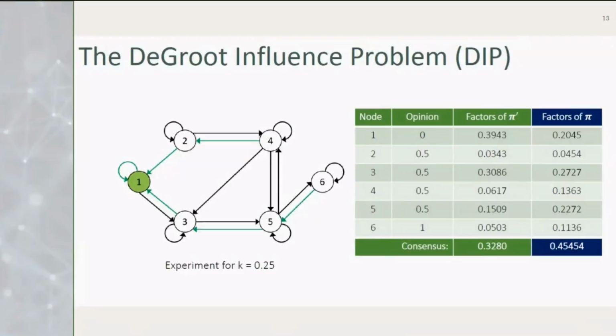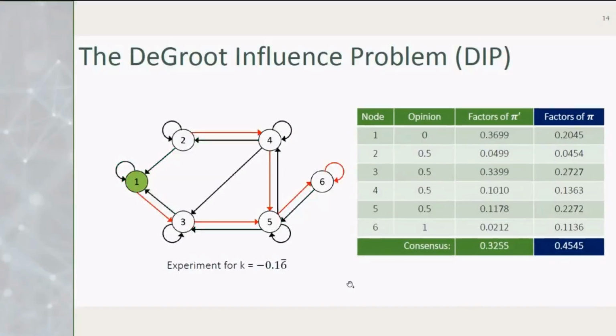And the final consensus was also affected from 0.45 to 0.32. So we can say that the strategic entity managed to achieve to a certain point his goal. The final opinion, the consensus, was closer now to 0, his target opinion, his favored opinion, rather than in the initial case, which was 0.45.